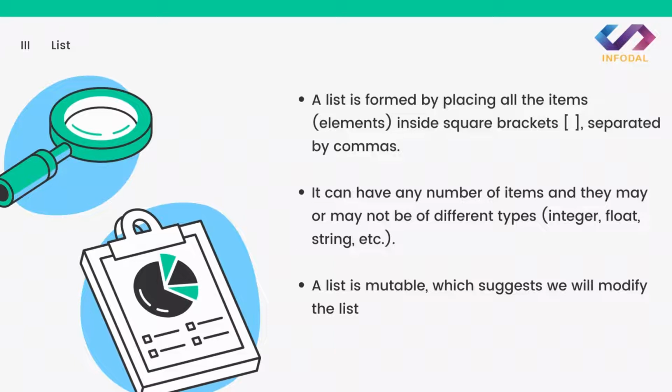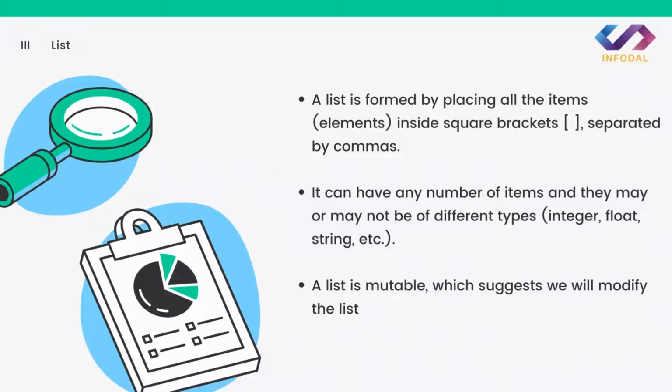It can have any number of items, and they may be of different data types. Okay, if we are putting integers, we only put integers. If we are putting strings, we only put strings, nothing extra and nothing other.